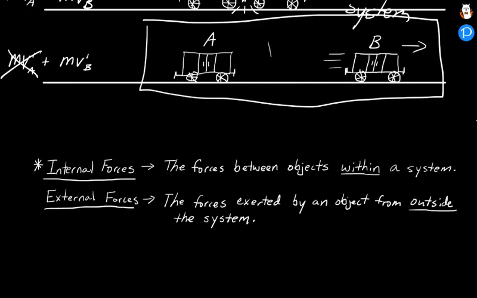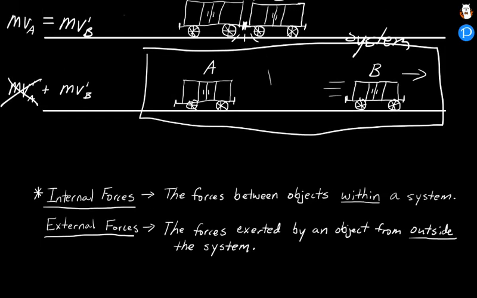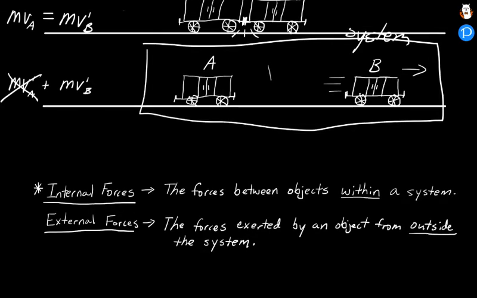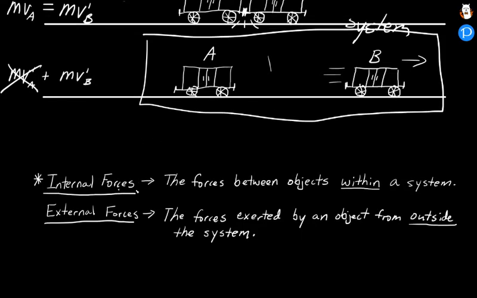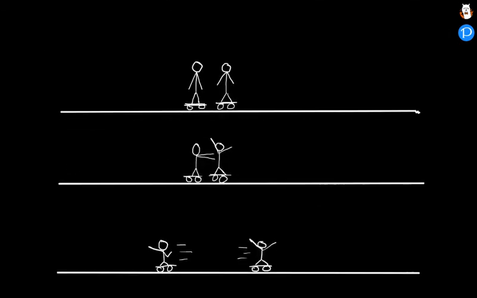So again, we want to be clear on when we're dealing with external forces and when we're dealing with internal forces. So basically, whether we're dealing with a closed system or an open system.